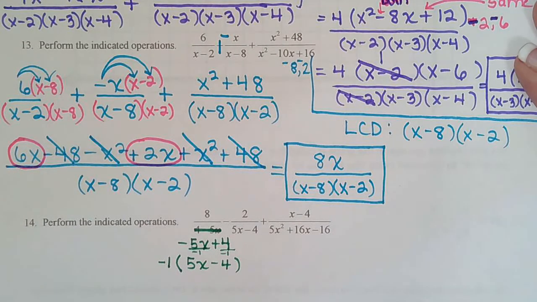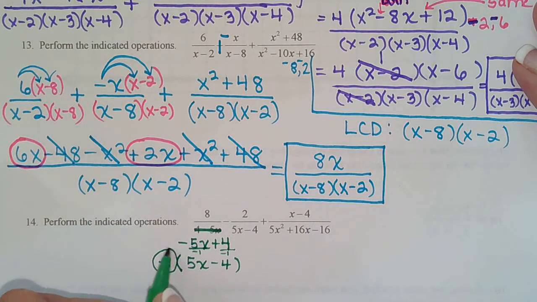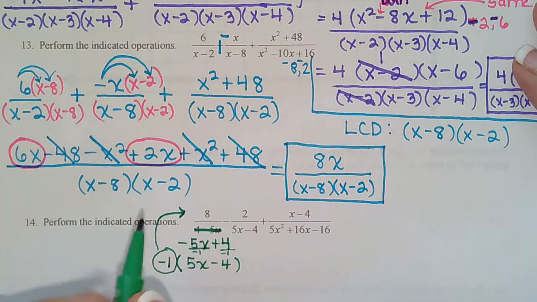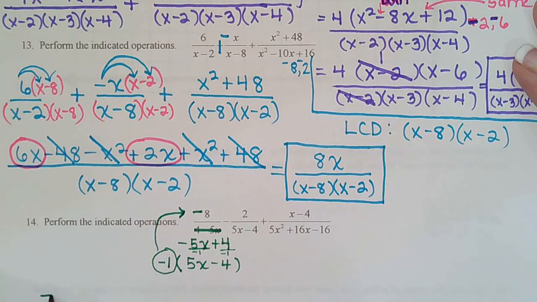Okay, so remember how Alex doesn't want a negative in the denominator or the calculator, so we should immediately move that up there. So this is now going to be negative 8. So our new first fraction factored is now negative 8 over 5x minus 4.